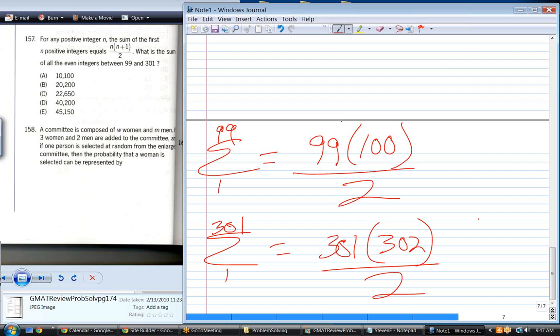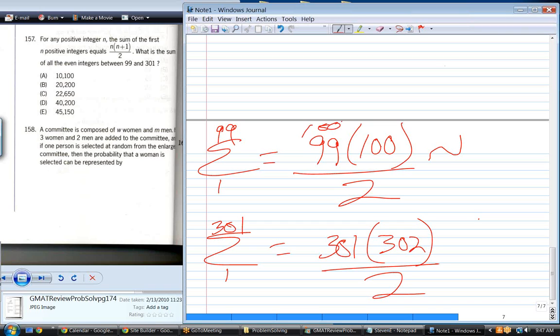So let's come up with an approximate value for these things. What is 99 times 100 divided by 2 approximately? 4,500, we could say. Well, if I'm going to approximate it, I'm going to let this be 100.